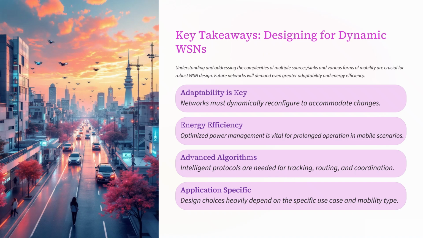Whereas if I'm going for habitat monitoring of an animal, definitely the sensor will be mobile in nature. The source of information is mobile, and the deployment of the sensor will be specific to one single animal. This all comes under application specific. Depending upon the applications where we want to monitor the data, we design the network accordingly.